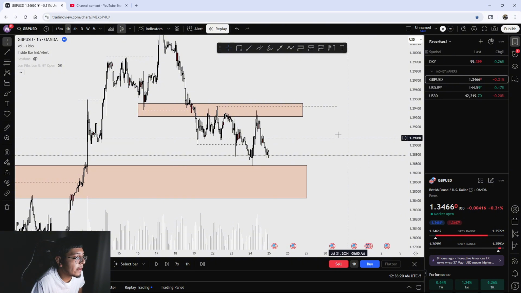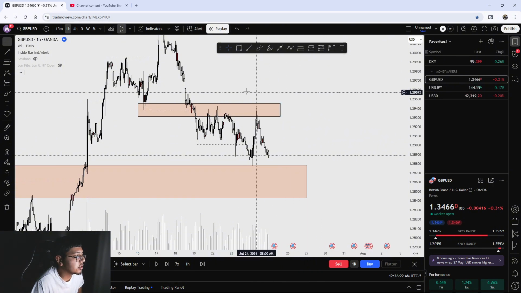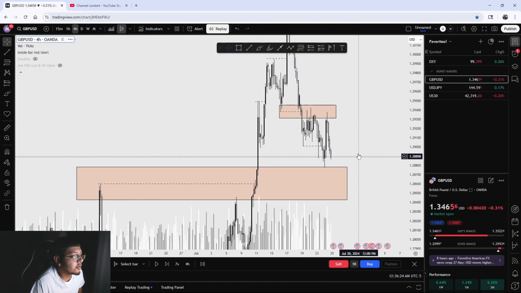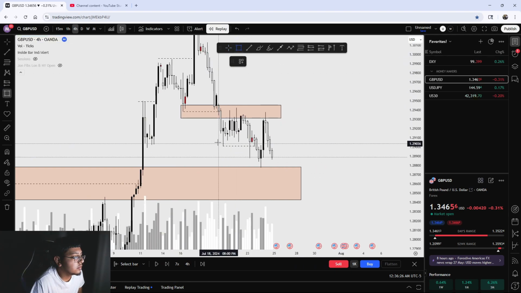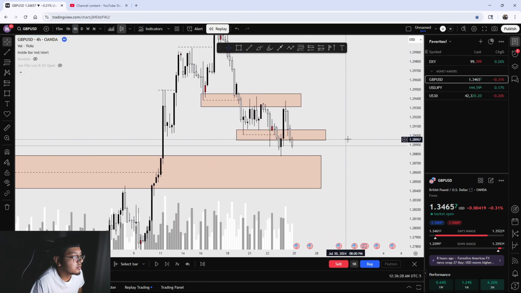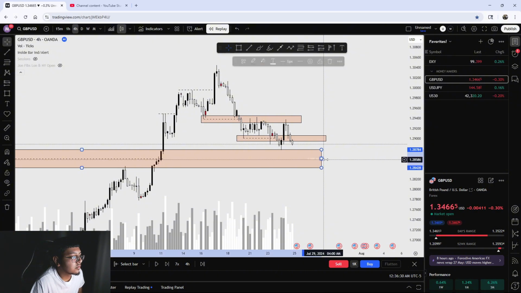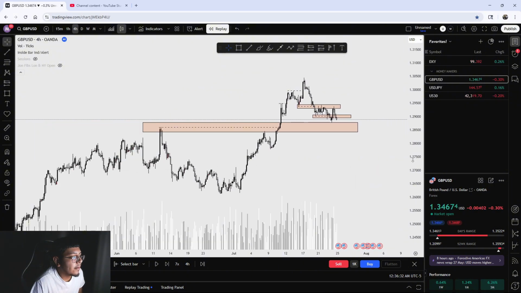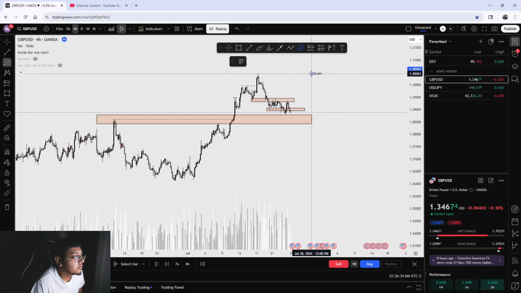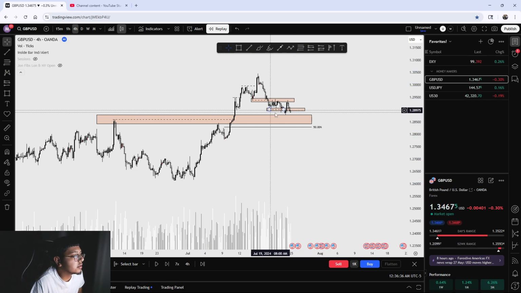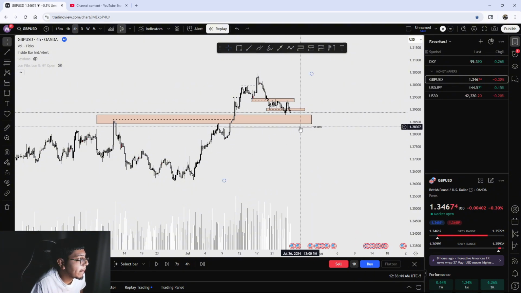All right, London session. So it looks like we reacted off the zone from the 4-hour zone. And we still are in the supply area. So a lot of the times we want to be looking for sales up in this area above the 50% if we're bullish.